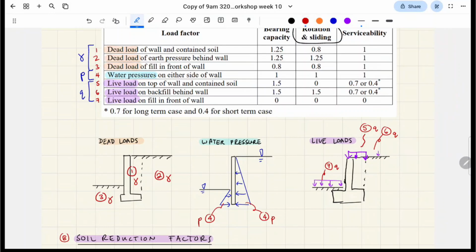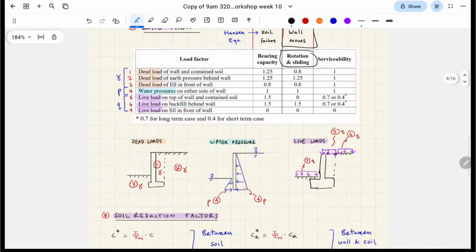That would also be classified as 5, if you have live loading there. Region 6 is your most common case, which is to do with the surcharge on the backfill. That's usually loading from traffic or whatever adjacent to the retaining wall on the higher elevation of soil. And the same thing with 7, that's contributing to the passive earth pressure here. But you take it as 0 for live load. That makes sense, more or less.